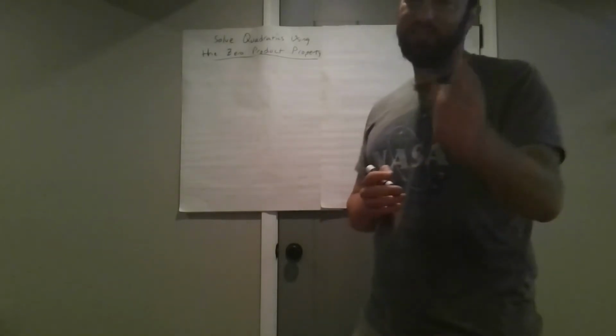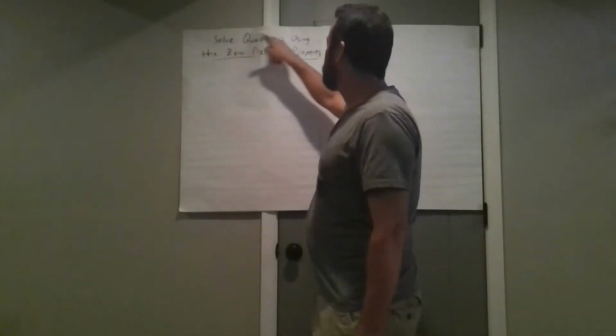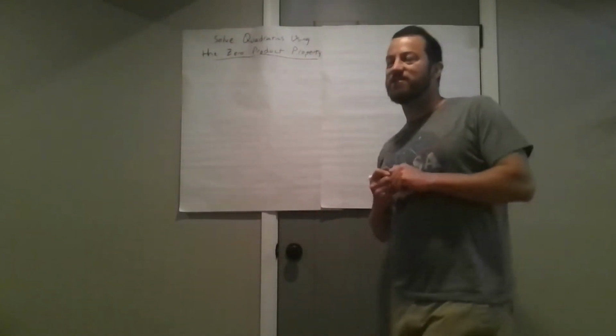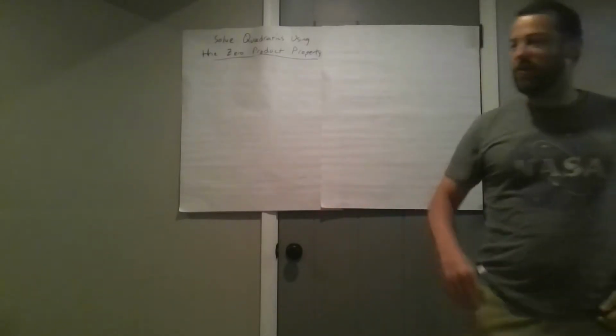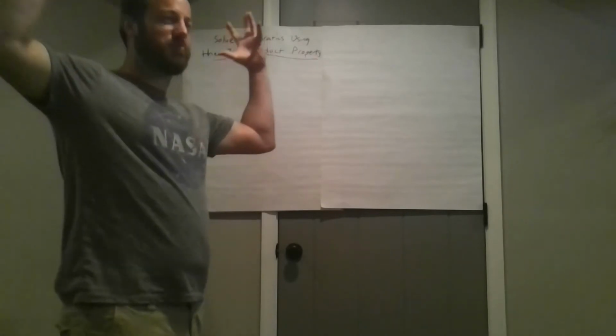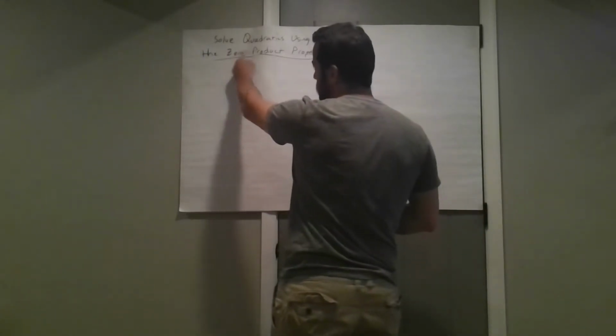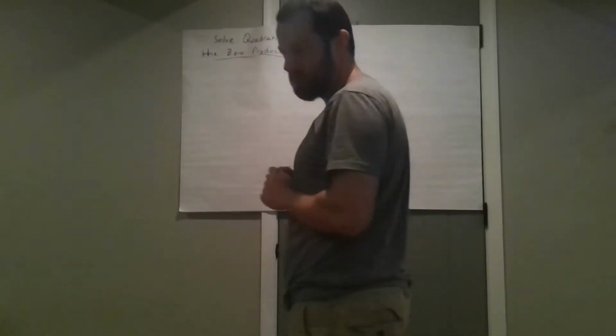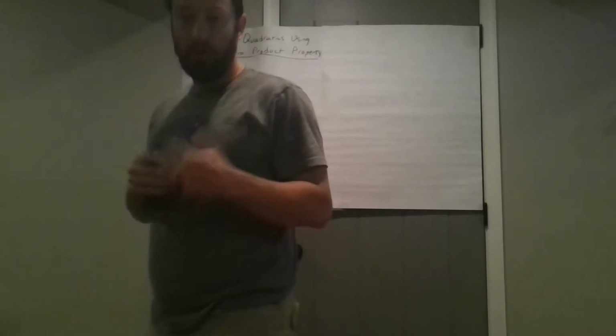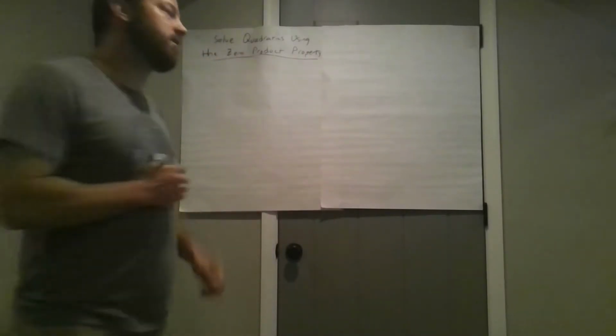All right, now to the important stuff. Solving quadratics using the zero product property. The zero product property is one of the most powerful concepts in mathematics. It's exactly what it says. The zero product property is when you multiply something to get zero.